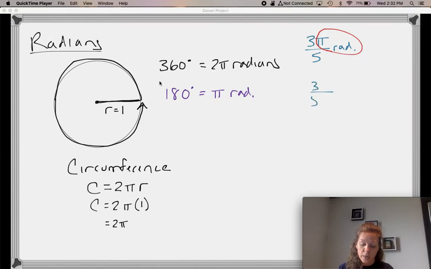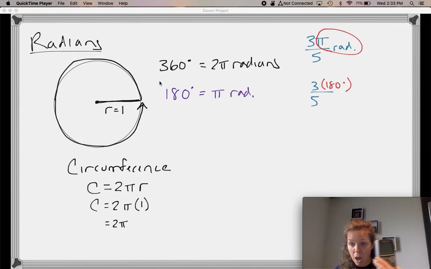I know that pi radians is equal to 180 degrees. So I'm going to do that swap using that purple conversion factor, just like 12 inches equals 1 foot: 180 degrees is equal to pi radians. So I can take that pi radians and replace it with the 180 degrees that it's equal to.